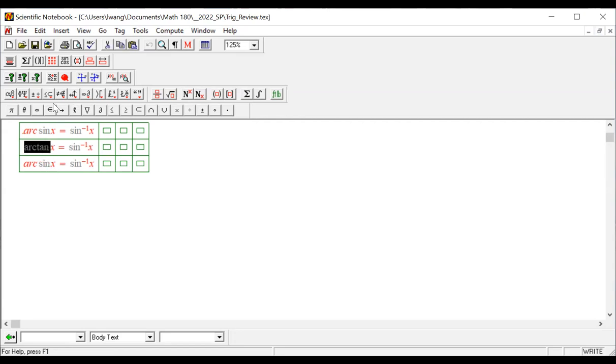So this is arc cosine. So this is a cosine arc. I'm still asking you to read it as arc sine, arc cosine. Okay, so arc tan. What's wrong with this one?